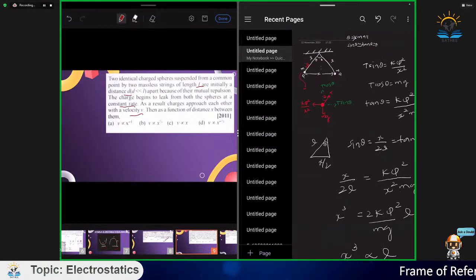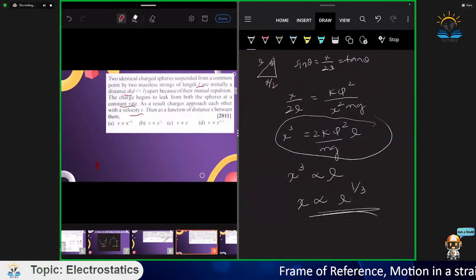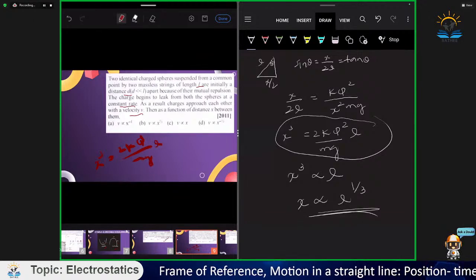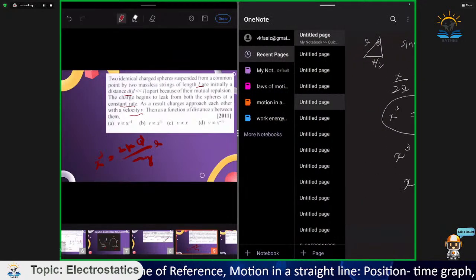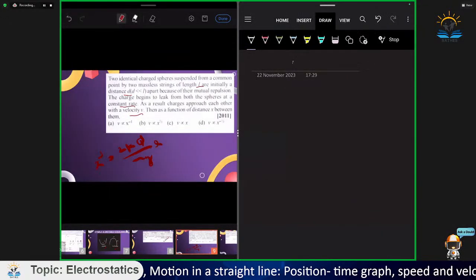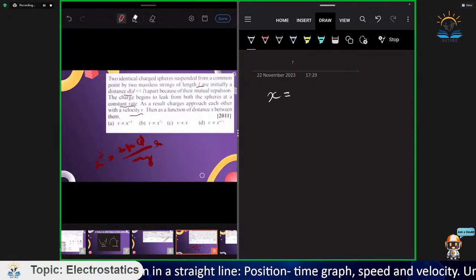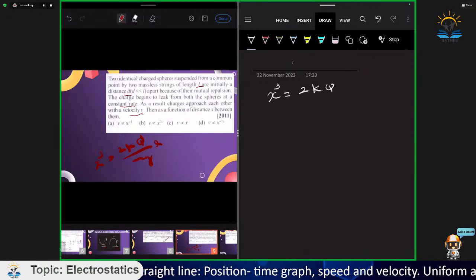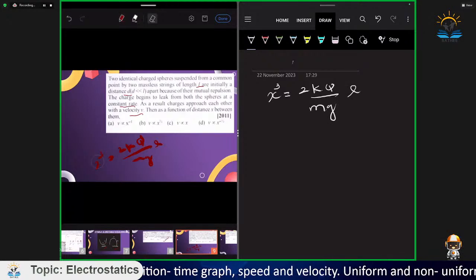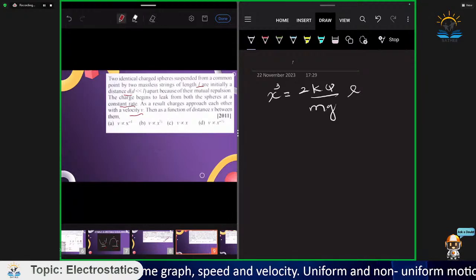From the previous question, we know that x cube equals 2kq square divided by mg into L. This is also the same condition, so we can equate x cube equal to 2kq square divided by mg into L. Why did I write the same question here?